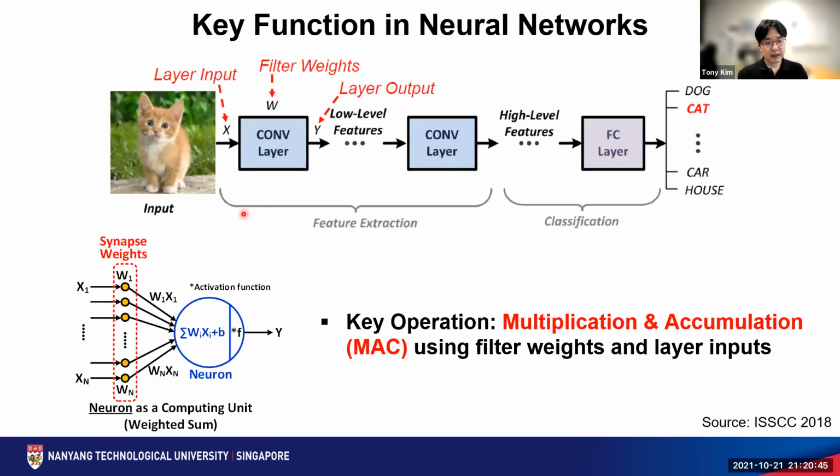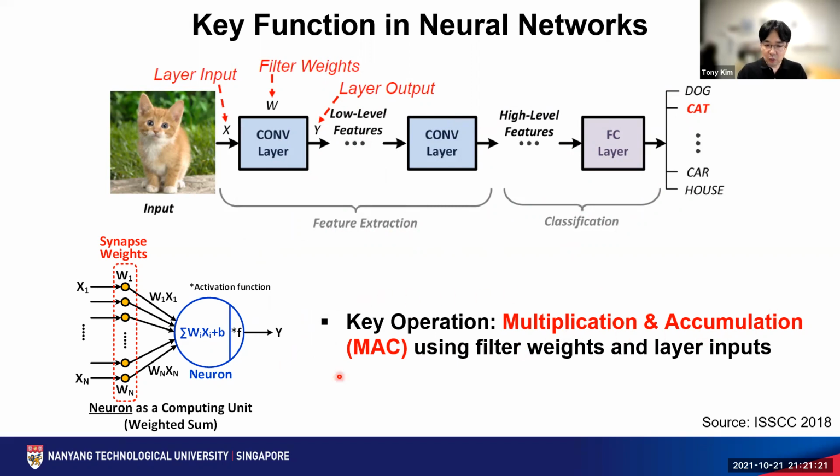So when you look at neural networks, actually there are not so many different functions happening. As you can see from this figure, convolutional layers are repeated. Even though their configurations can be different, they have multiple convolutional layers and a few fully connected layers. And when you look at the actual computing operation inside each layer, it is multiplication and accumulation.